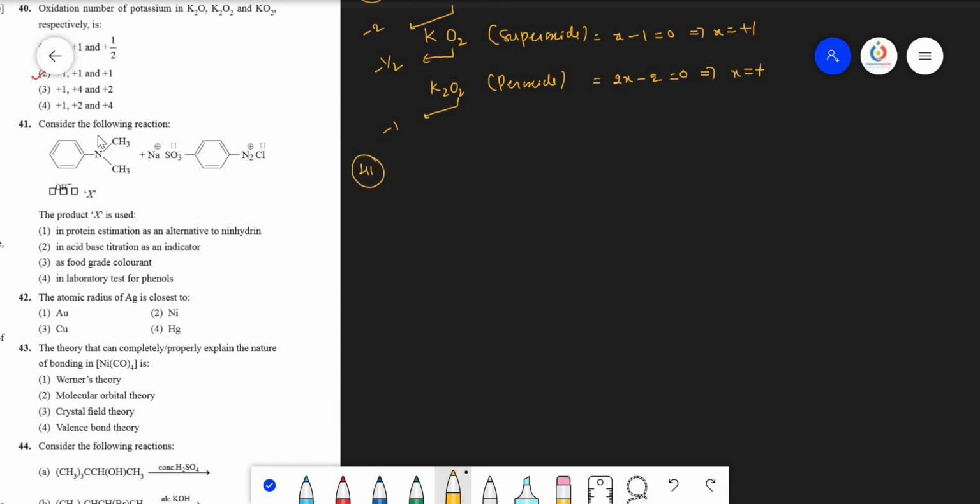Consider the following reaction. This is the reaction given. It is a diazonium salt with this compound. I will write down those compounds: CH3, CH3, Na plus, and here N2Cl. Whenever a diazonium part is there, it obviously undergoes a coupling reaction.